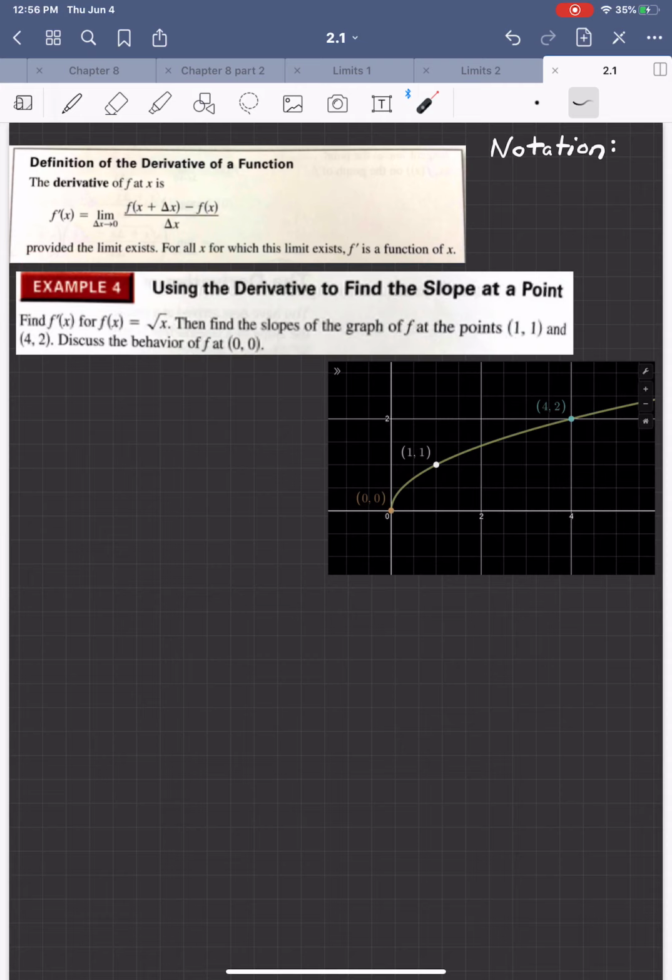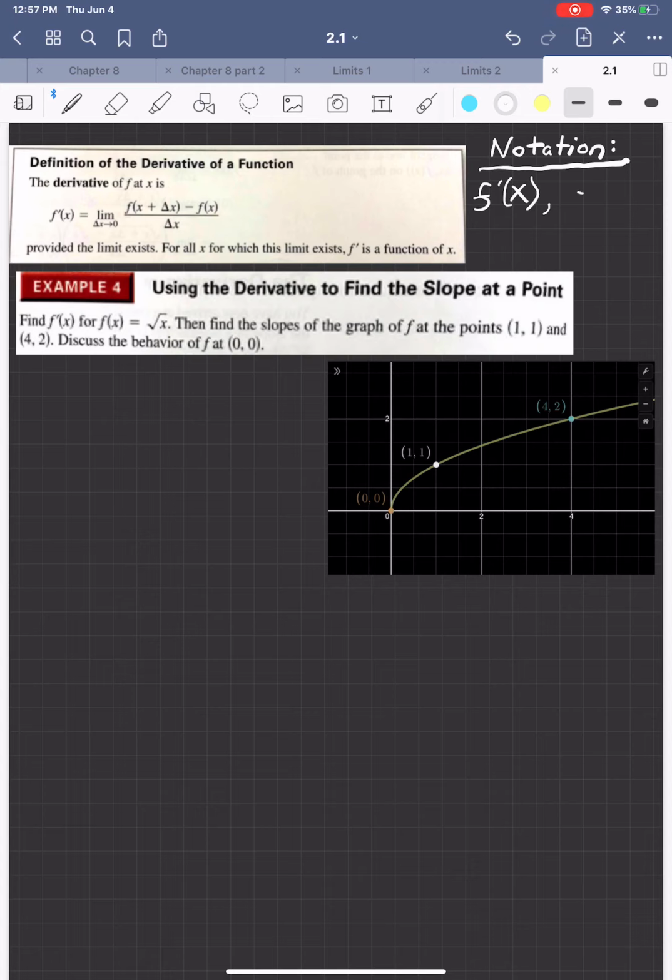Okay, so let me go ahead and introduce some different notations that we're going to be using. Let me start with the most common notation, which is f prime of x. So f prime of x would mean the derivative of f.